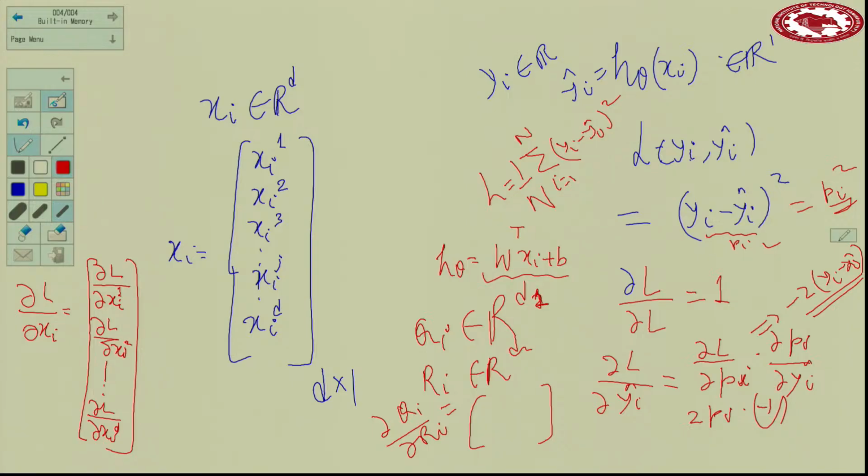So for every component of qi, let me just write 1, you have to compute the gradient with respect to every component of ri.